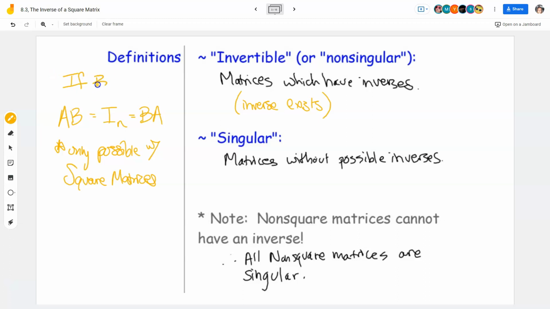So if B is A inverse, then AB and BA both equal the identity. It's only possible to multiply both directions if I have a square matrix. So therefore, I can say all non-square matrices are singular, aka non-invertible. But we don't say that for matrices. We say singular instead. You can think forever alone. That works too. Forever alone, they don't have an inverse.